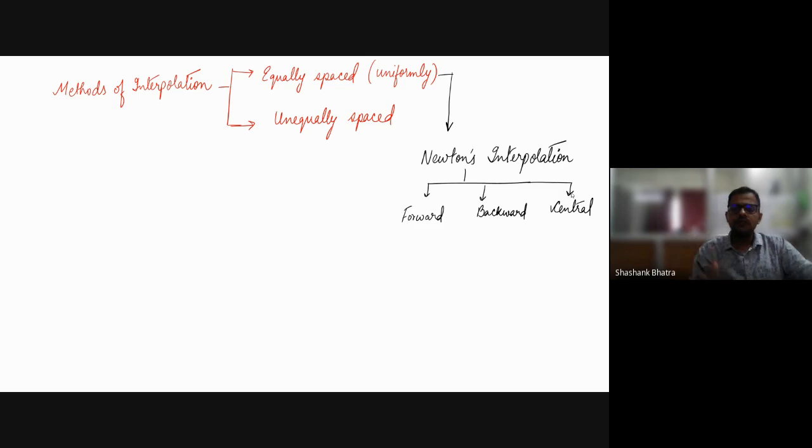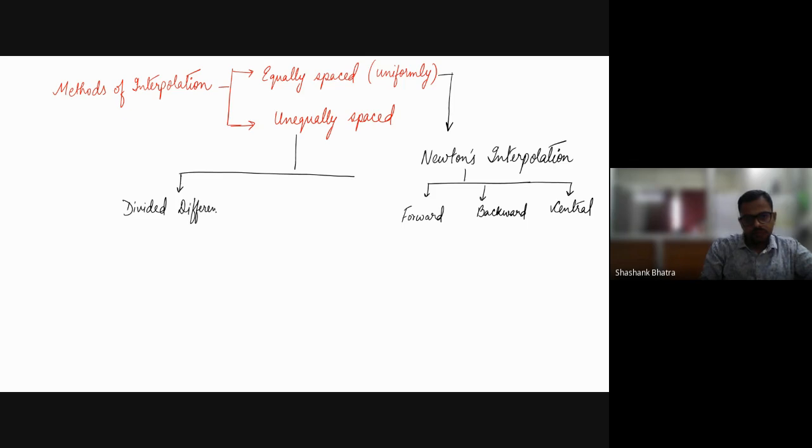Now if you have unequally spaced data points, the methods or approaches will be the divided differences, then Lagrangian, and Hermitian.